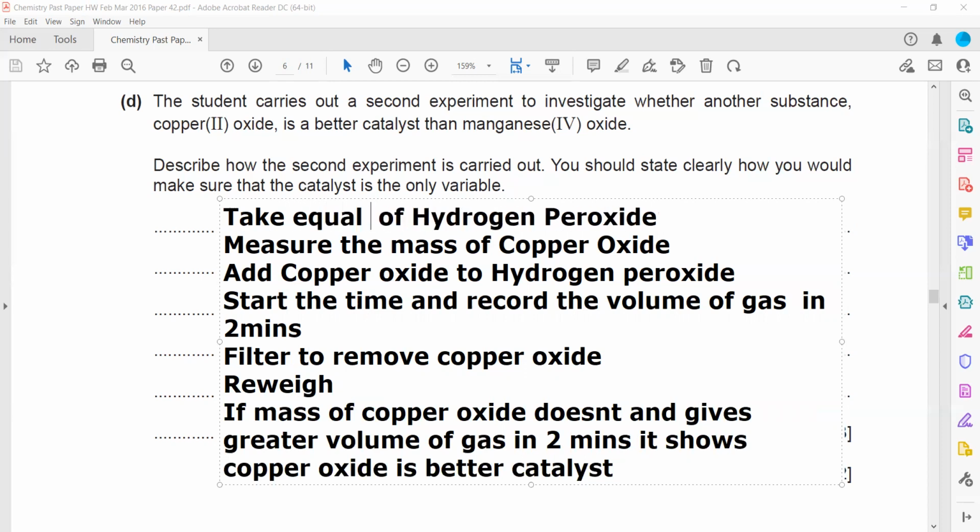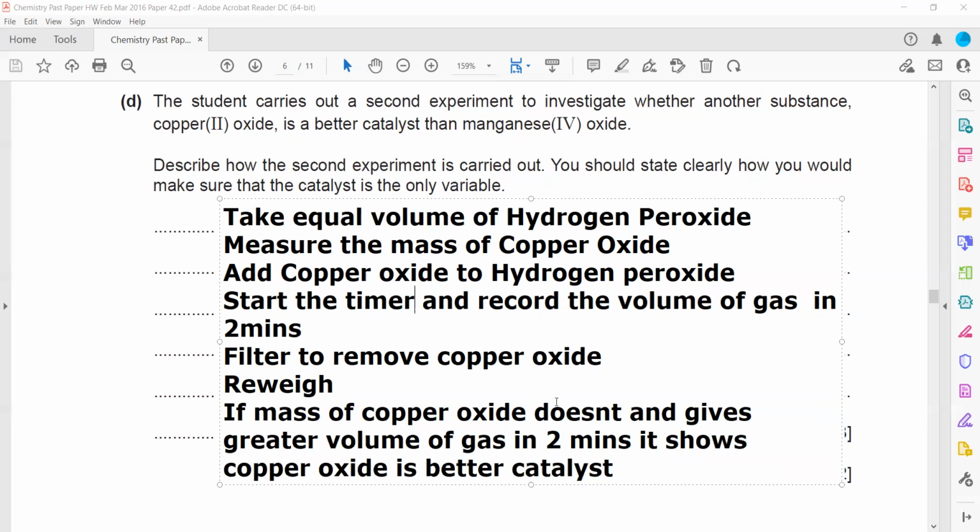Then we filter and remove copper oxide, then we reweigh it. If the mass of copper oxide does not change and it gives a greater volume of gas in 2 minutes, it shows that copper oxide is a better catalyst. Is it clear how we work out that copper oxide is a better catalyst? Any doubt till this point?